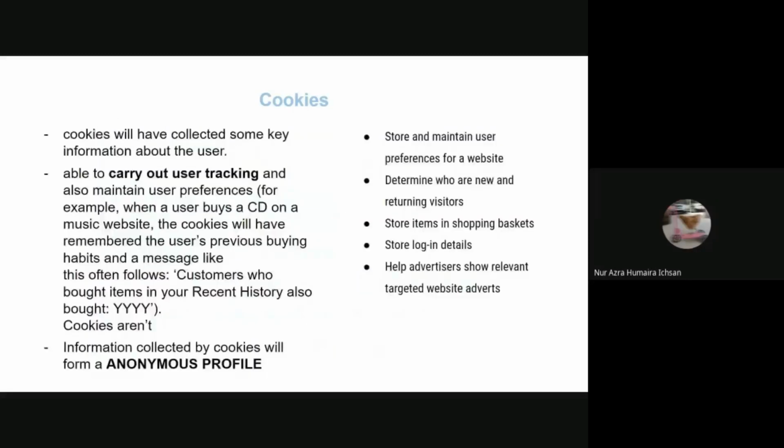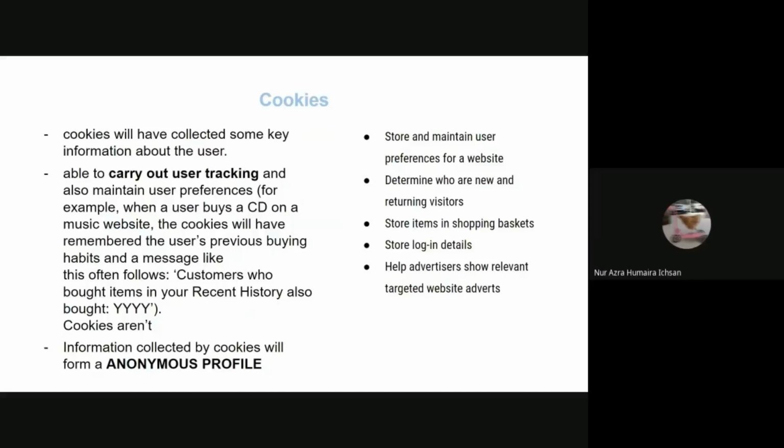But what does it actually do? Cookies collect some key information about the user, which is you, and are able to carry out user tracking and also maintain user preferences, such as storing and maintaining user preferences for a website, determining who are new and returning visitors, storing items in shopping baskets, storing login details, and helping advertisers show relevant targeted website adverts.